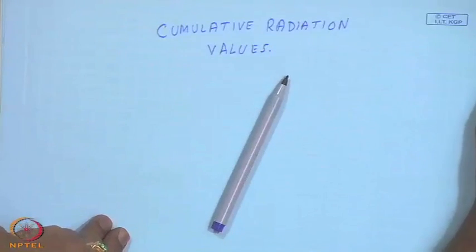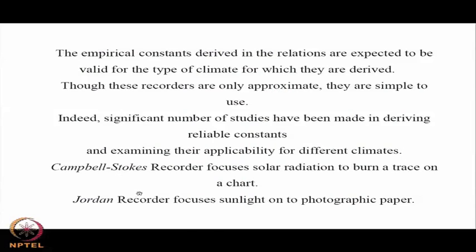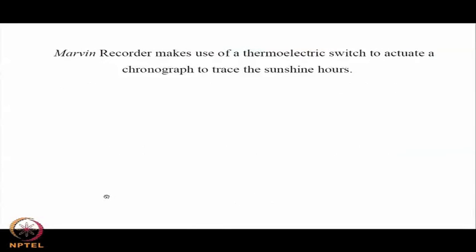So, again Campbell-Stokes recorder, Jordan recorder, these are some of the popularly used sunshine recorders. Marvin recorder makes use of a thermoelectric switch to actuate a chronograph to trace the sunshine hours.